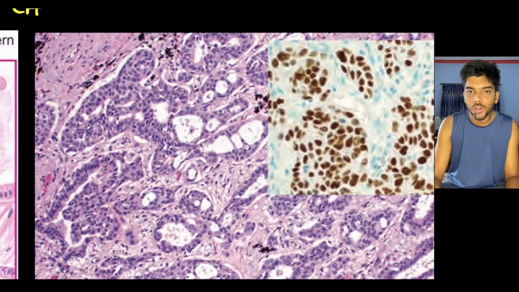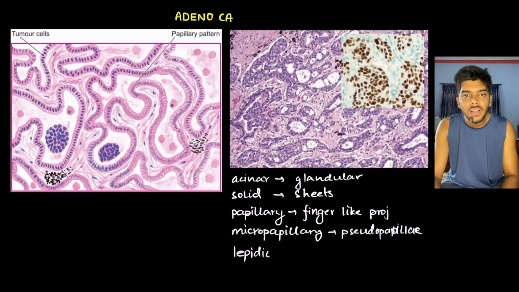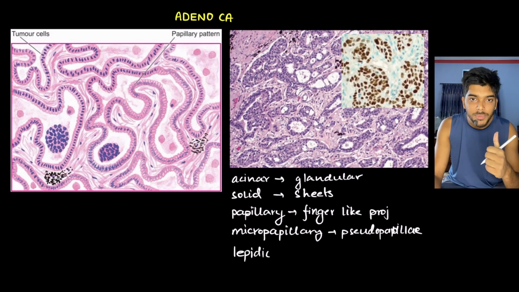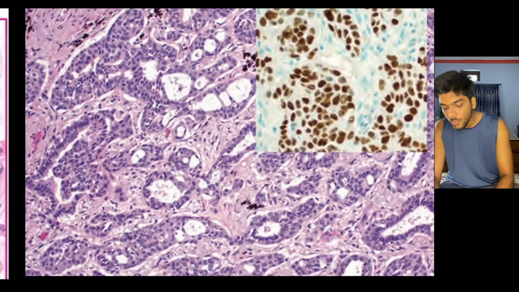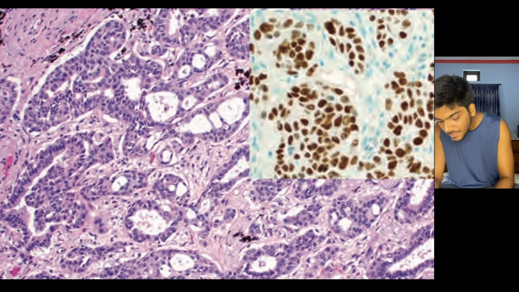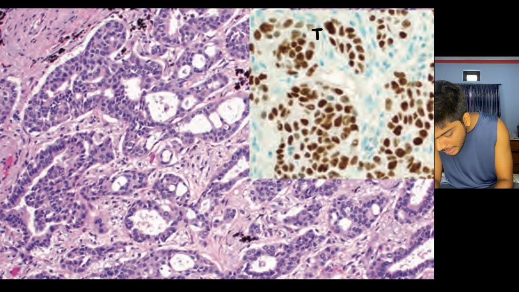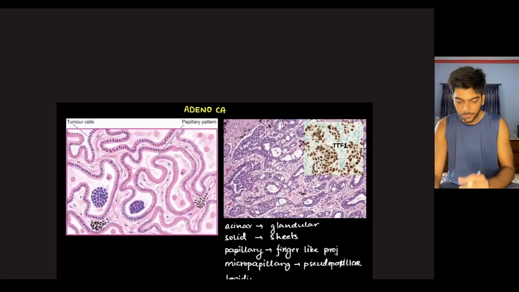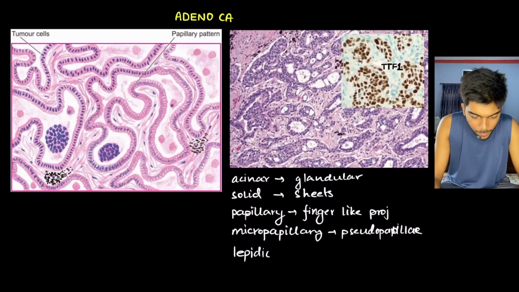In adenocarcinoma, what is the tumor marker? I taught you two, thyroid transcription factor 1 and napsin. In this immunohistochemistry, we are looking at darkly stained tumor cells due to the presence of thyroid transcription factor 1. Okay.